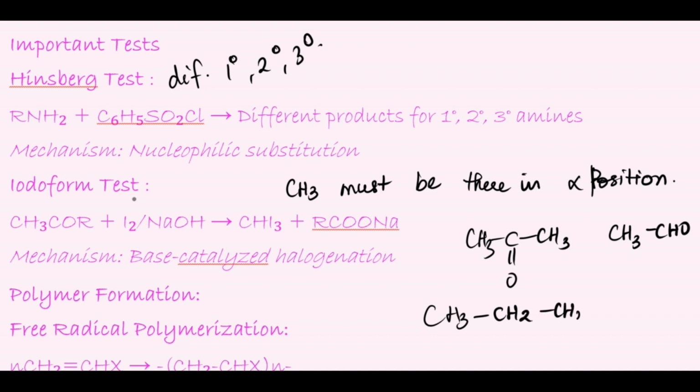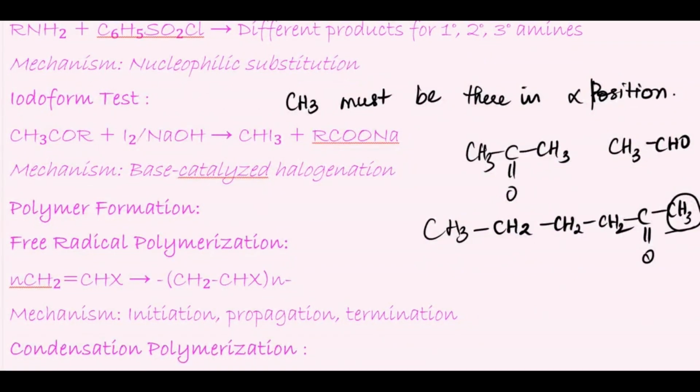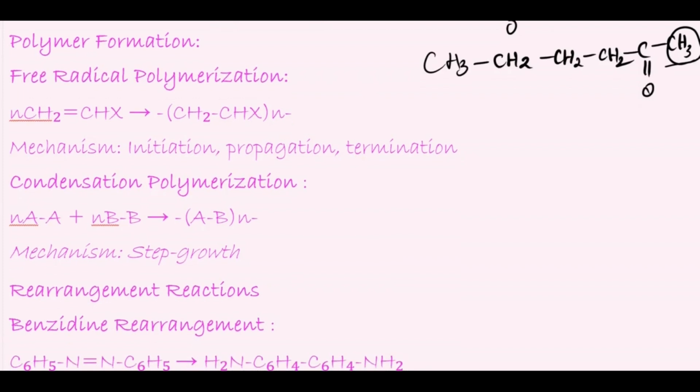You can take one having 60 carbons also, but here I am having CH3, so that will give positive to the iodoform test. So please be careful with that, and some other tests to differentiate aldehydes and ketones, Tollens test, Fehling's test. You should be very careful with that. Please revise those things as well.